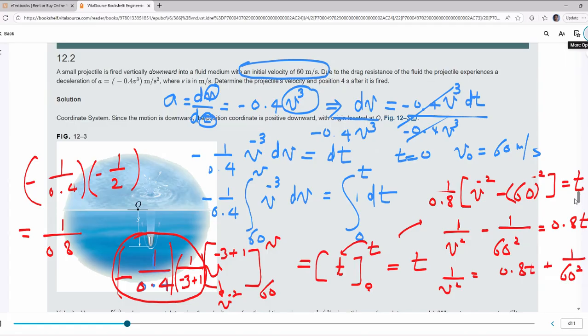Then we simply flip to solve for velocity squared, and take the square root on both sides. We choose only the positive. The square root is basically what? Power is negative half.